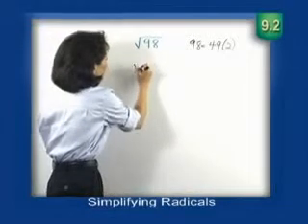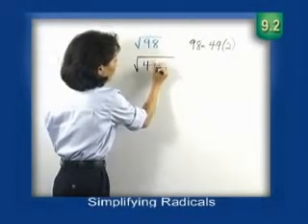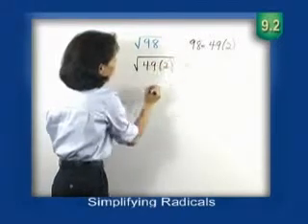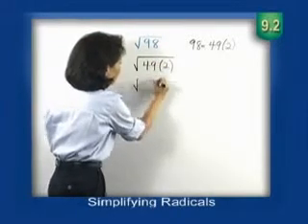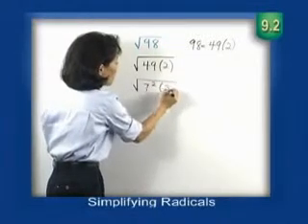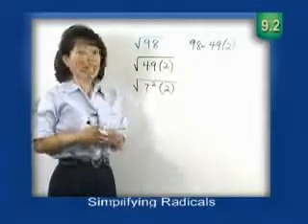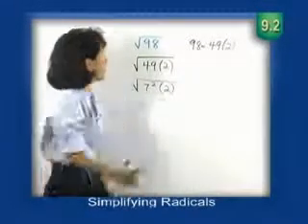I'm going to rewrite this as 49 times 2, but under here, 49 is 7 squared times 2. Now, since this is something being squared, it can come out of that square root sign.